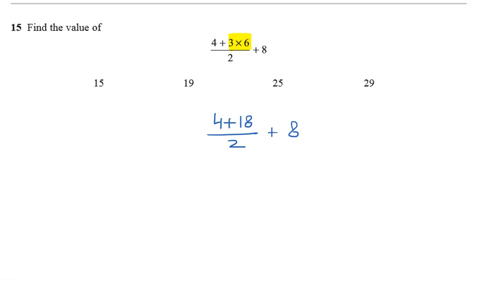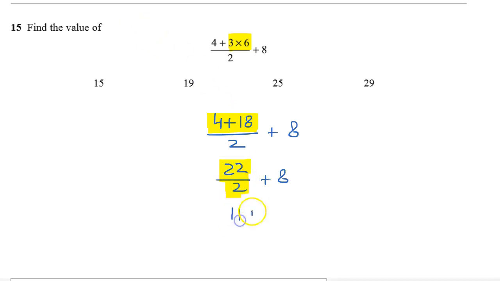Now we are going to solve this part, that is 22 over 2 plus 8. Now third step is to solve this, that is 22 over 2 is 11 plus 8, so that is 19. So the answer is 19.